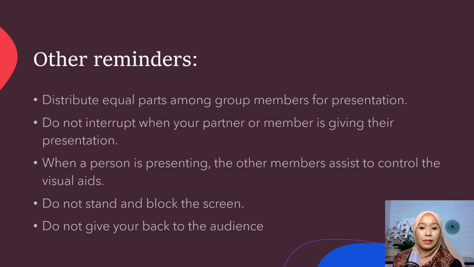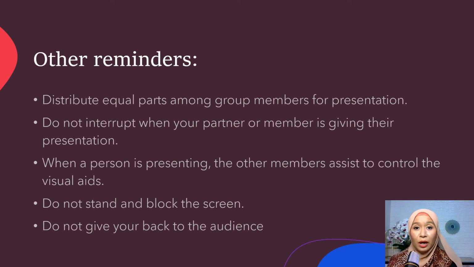Next, when a person is presenting, the other member assists to control the visual aid. You take turns. If you're talking, your friend is clicking on the slides. If your friend is talking, then you should be helping out with the slides. Next, do not stand and block the screen.